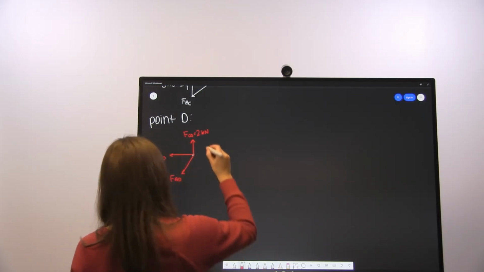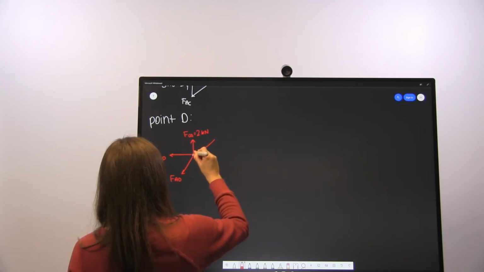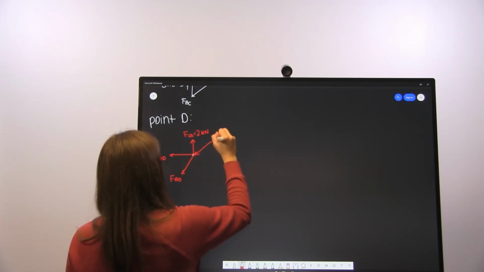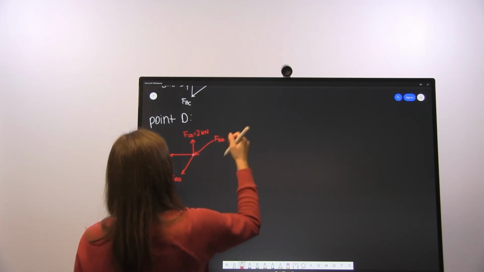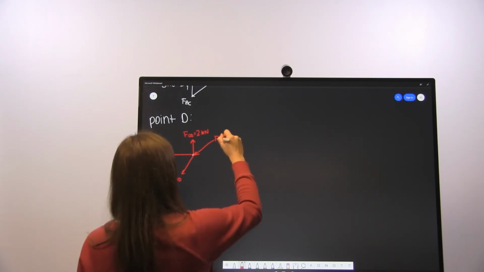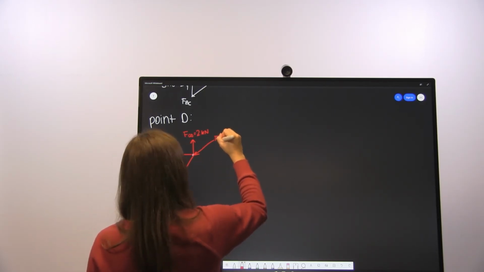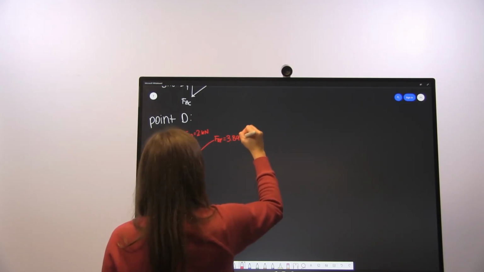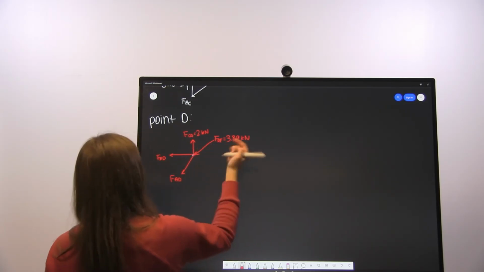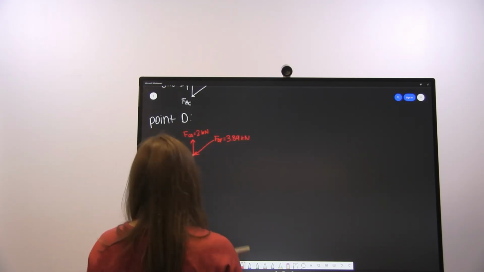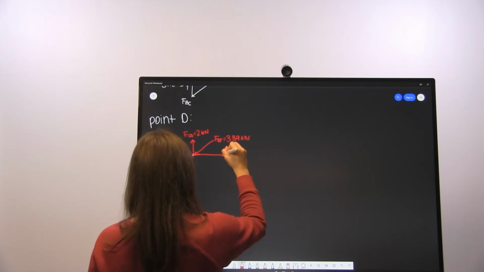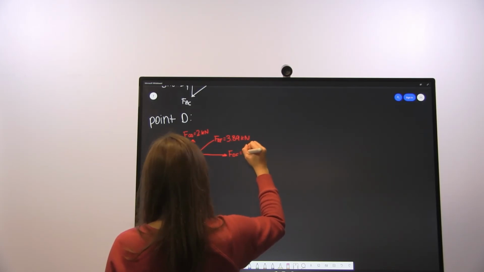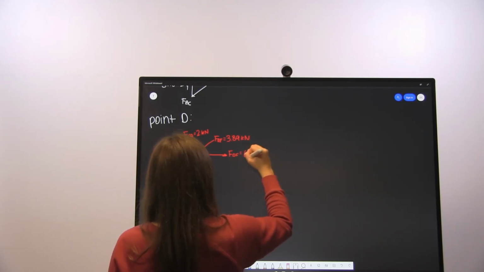And then we have our force ED, or I think we called it DE before, which was equal to 3.89 kilonewtons. And that was negative, so that's going to be pointed in. That was our compressive force. And then lastly, we have this force DF, which we found to be 6.67 kilonewtons.